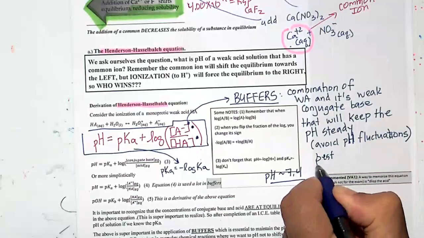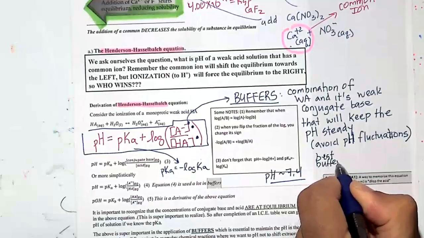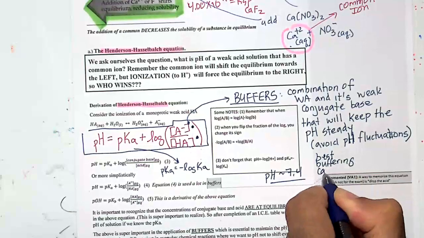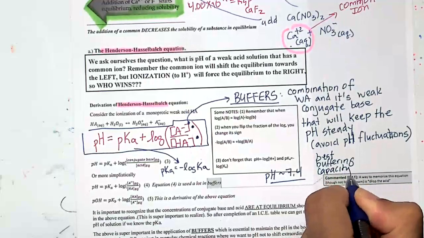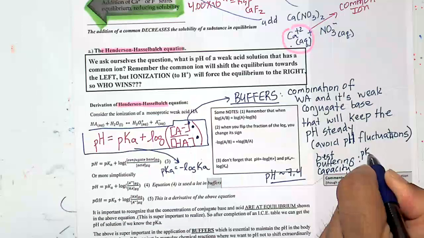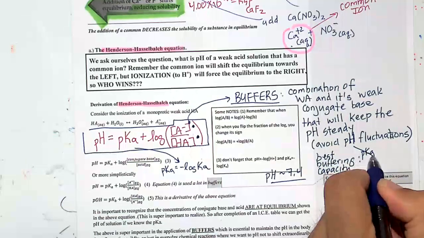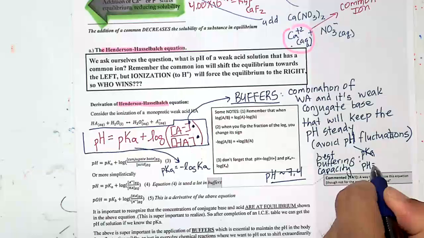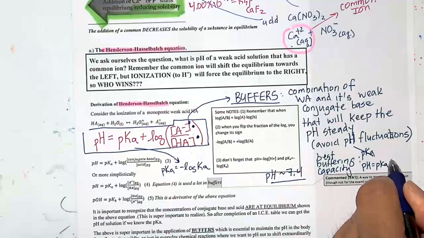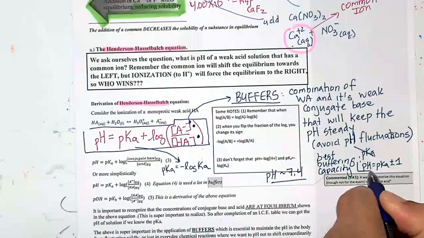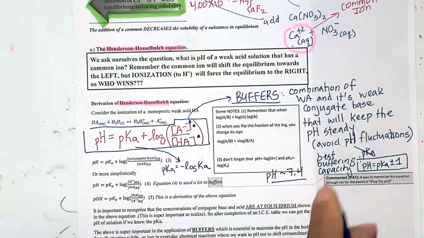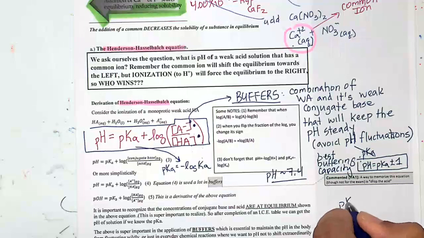The best buffering capacity is when the pH is equal to pKa plus or minus 1. That's when you have the best buffer.